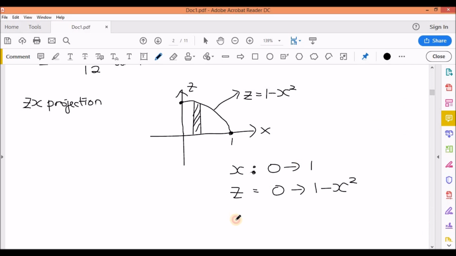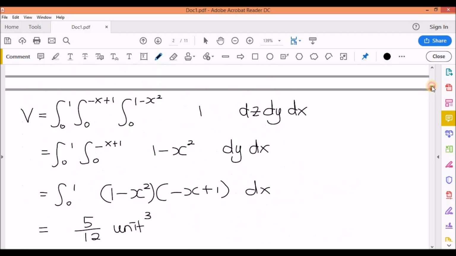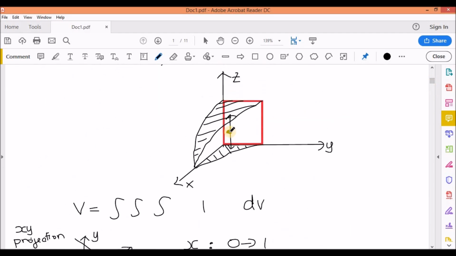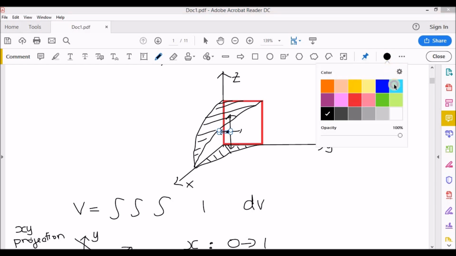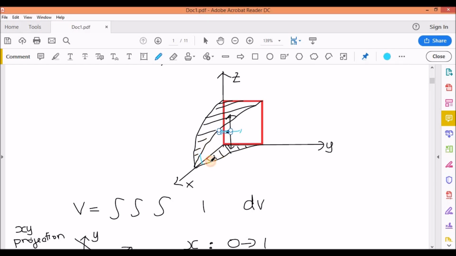Okay, so now we have to define the interval for y. You imagine yourself sitting inside, and when you look down, you will see this plane at height y equals 0. So when you look up, you will see this surface. I will label this surface using different colors. You will see this surface, right?